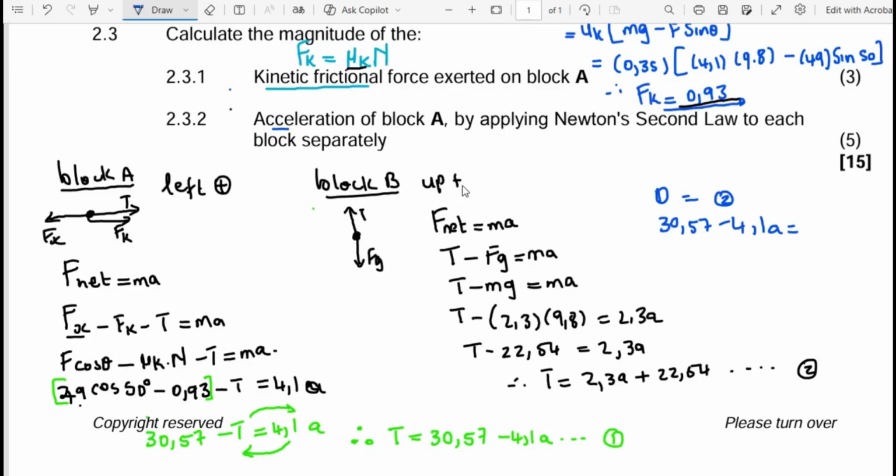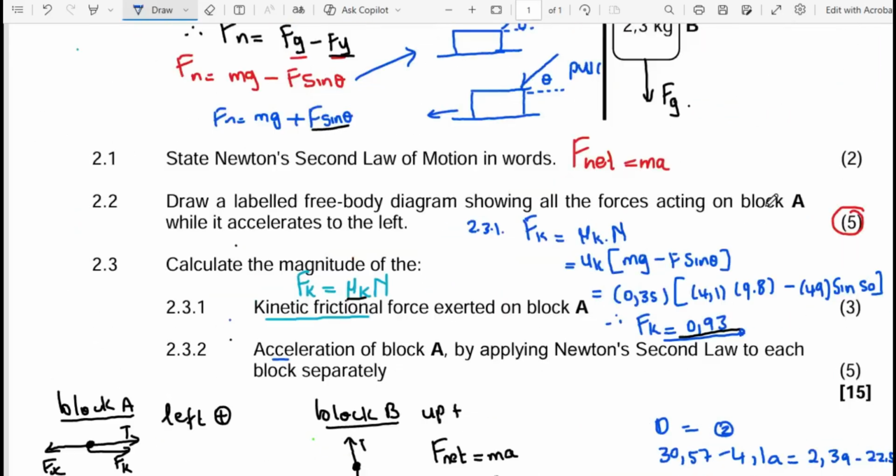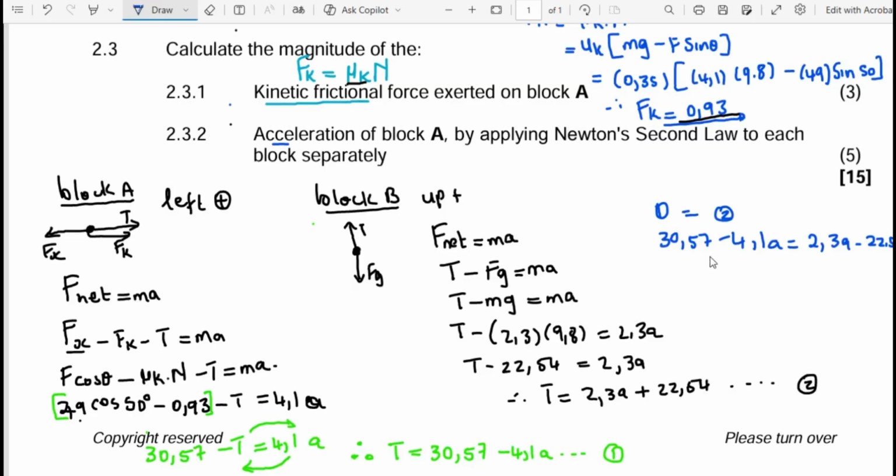We just found that this is 2.38, then we minus that 22.54. Okay, I'm very sorry about that, but please just keep in mind that it's 22.54. So I'm just going to bring it to this side to group the like terms. 30.57, we're going to add that to 22.54.